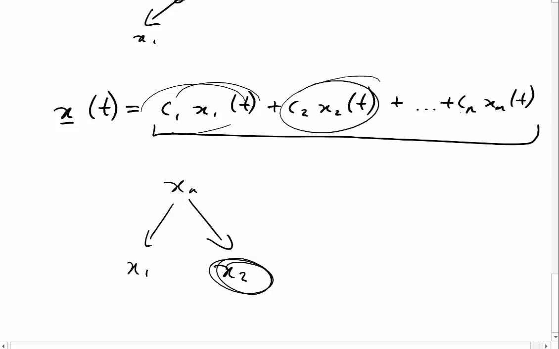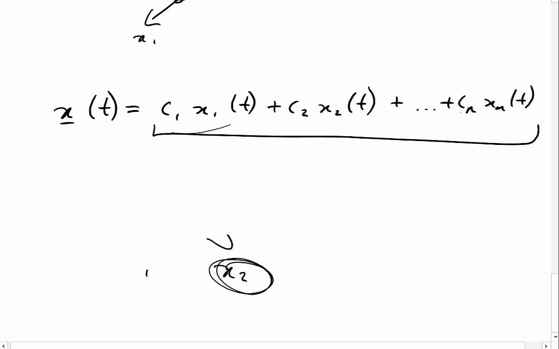And therefore, we change our general solution. We don't change our system of equations, we change this general solution, because we're adding a bit more to x1 and adding a bit more to x2. So we can write it like this, or we can break this xn down, write it in terms of x1 and x2 and add it to x1 and x2. And fairly obviously, we're changing the solution, aren't we?